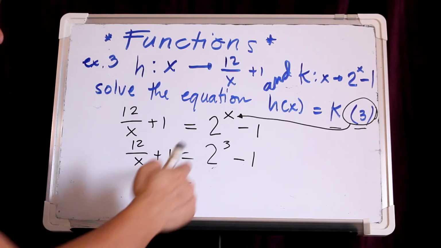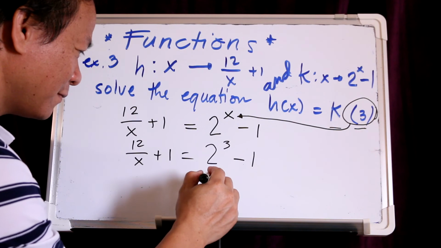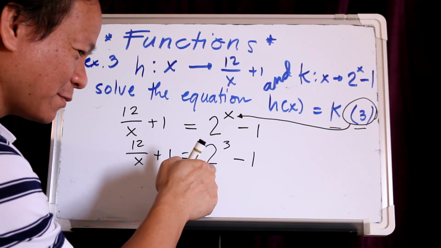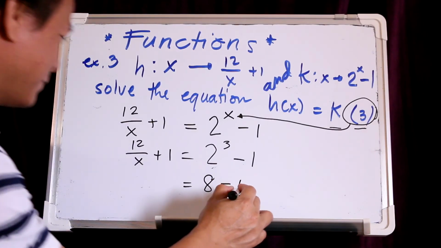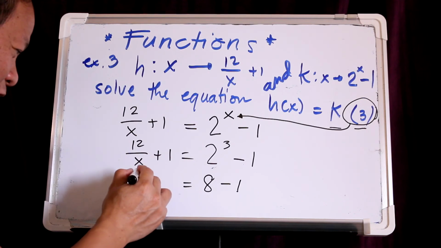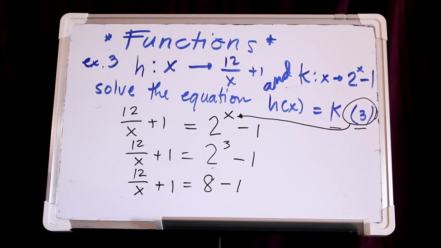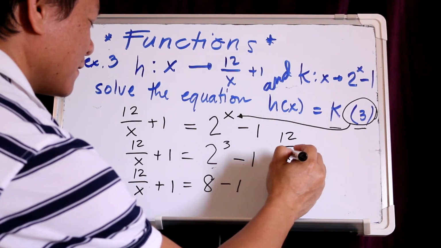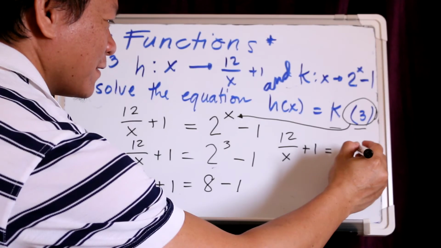Then this one would be equal to, okay, so for this case, 2 times 2 times 2, that means 8, minus 1. And then right here, 12 over x plus 1. Right, going further, you are going to have 12 over x plus 1 equals 7.